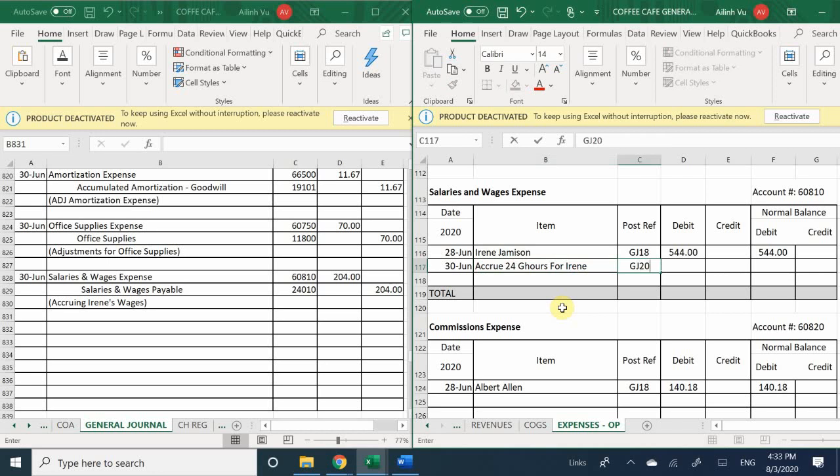General journal number 20 for $204, 6810. Page 39, right? I don't think it's the last one. Oh, yeah, it's page 37.